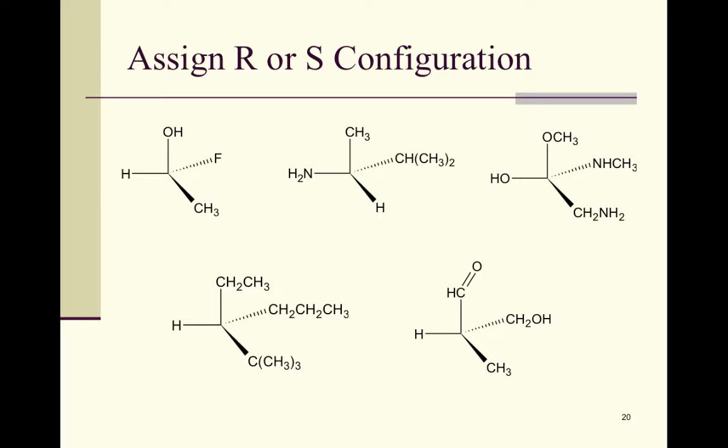You might want to go ahead when you're first learning this, make the models of each of these. Now you don't have to make the entire model. What I would do is take a carbon, put 4 different colors coming out of it, and then take some stickers with the numbers 1, 2, 3, 4, and after you've assigned priority, put the stickers on the correct sites that say 1, 2, 3, 4, hold the lowest priority away from you, and then see how it compares to what's on paper.